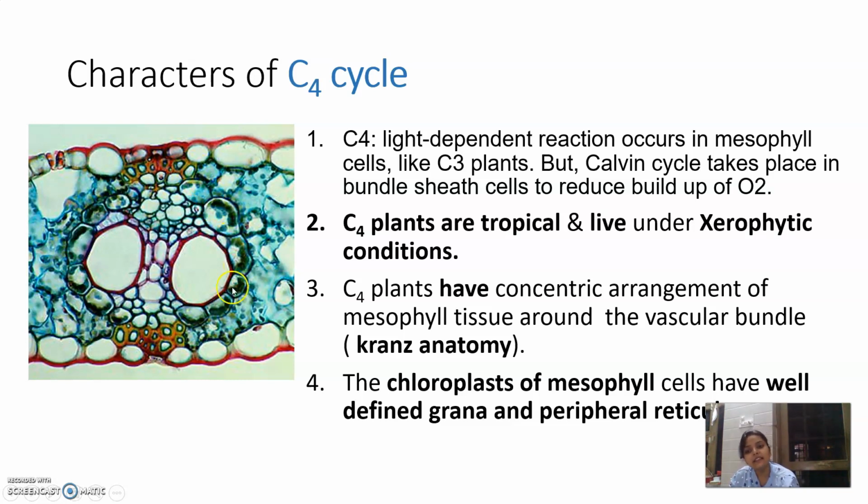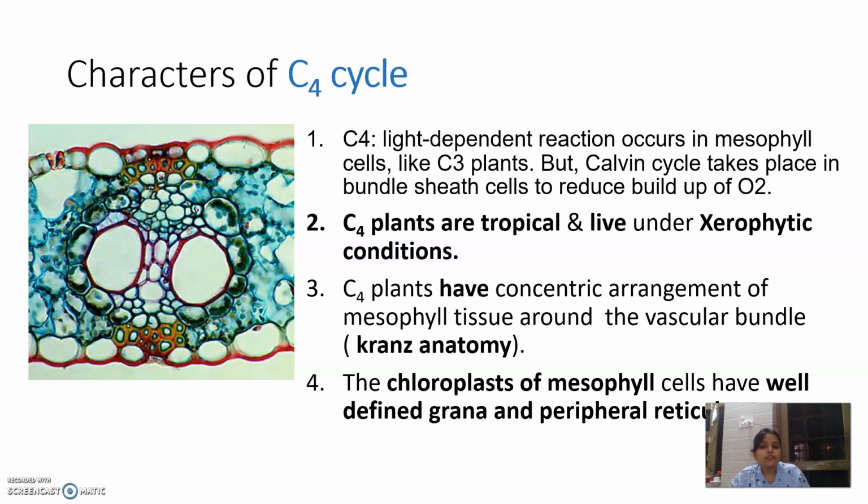These bundle sheath cells are surrounded by the mesophyll cells, forming the concentric arrangement. This arrangement is called the Kranz anatomy. Mainly the Kranz word means the wreath. The wreath word is used for some cover, or you can say the cloth used to cover the dead bodies.